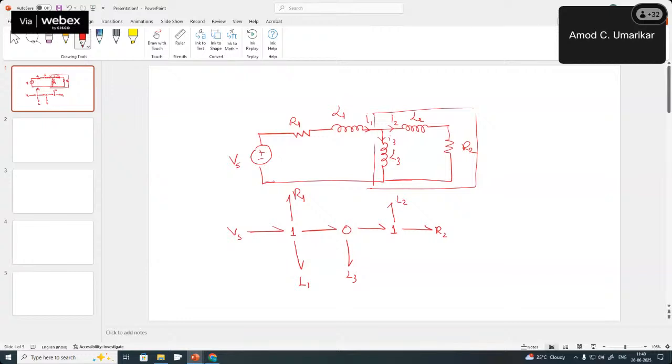Now assign causality. The R will be last. First is the effort source, that is Vs. Then let's assign integral causality to L1, L2 and L3.